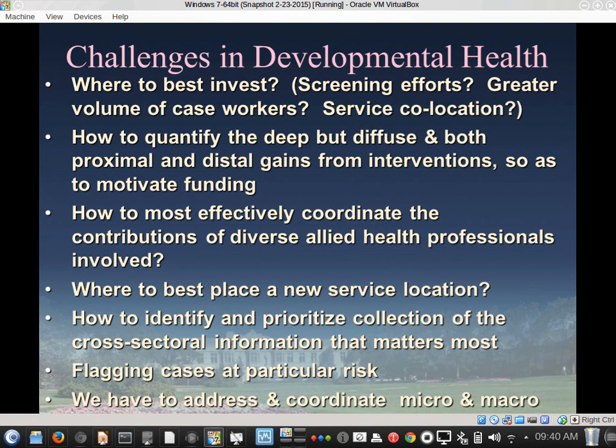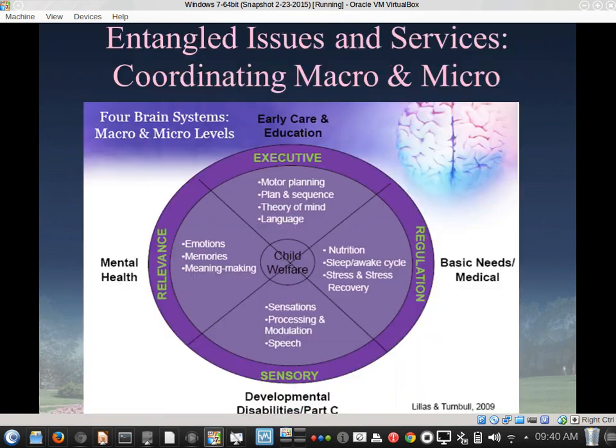So this question about what information would be most valuable to get allows us to put our limited energy into things where it pays off the most. Perhaps proactively flagging cases that are likely to develop with particular risk in an adverse direction. And how do we address and coordinate these macro and micro concerns?